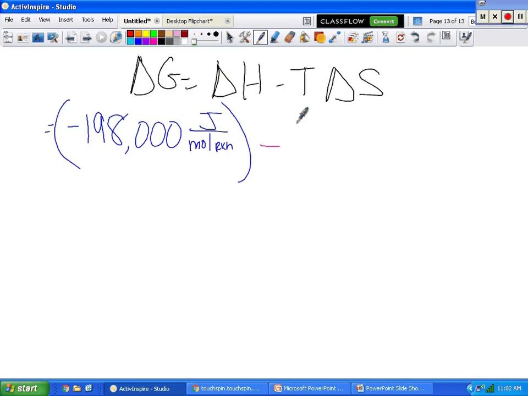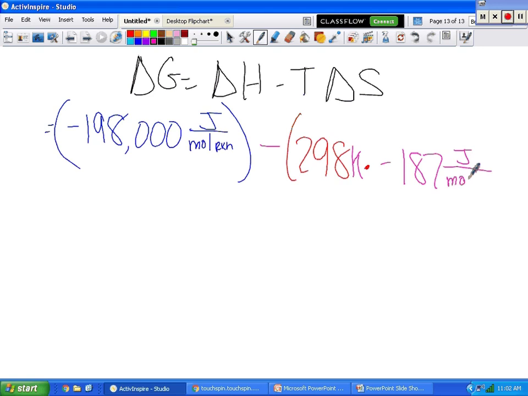So I've got 298 times the delta S, which was, what was it, negative 180 something? 187 joules per mole, and I forgot the Kelvin here. Unit-wise, what's that going to get rid of? It's going to get rid of your Kelvin. And all it's going to leave you with is joules per mole of reaction.